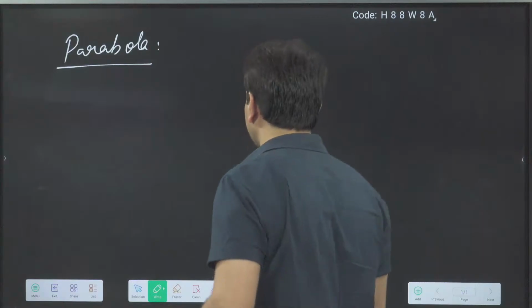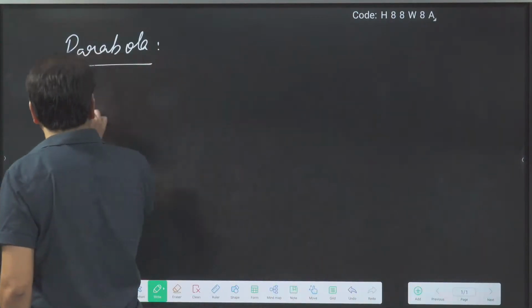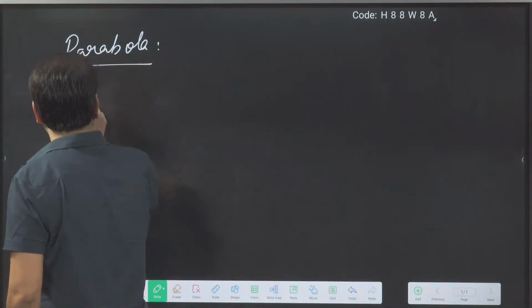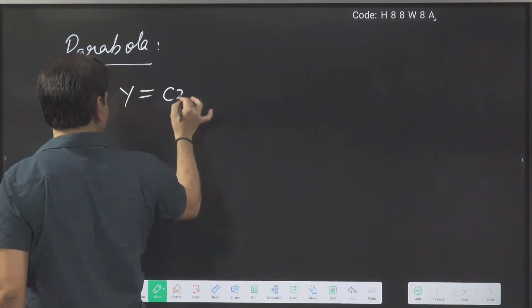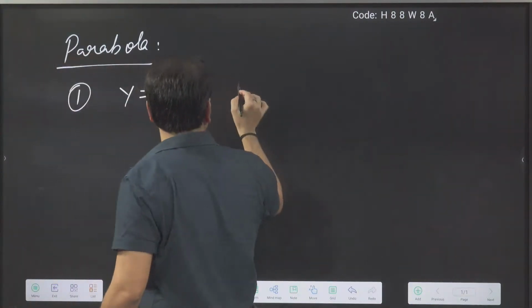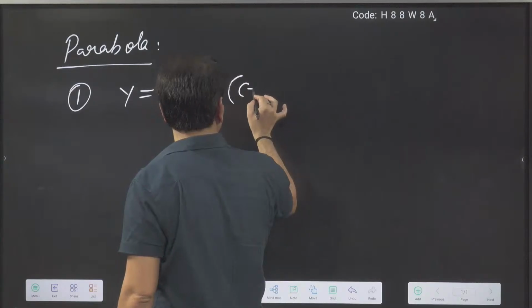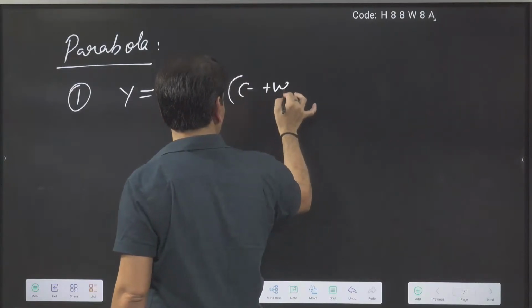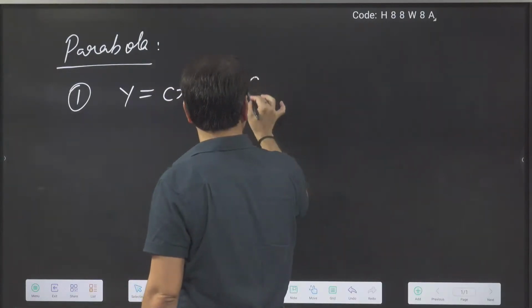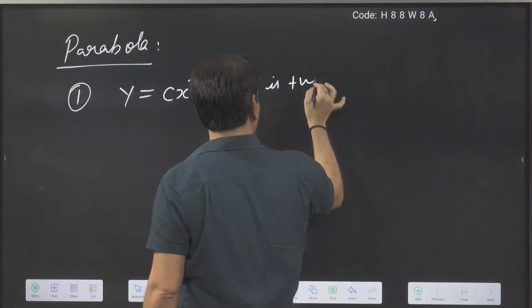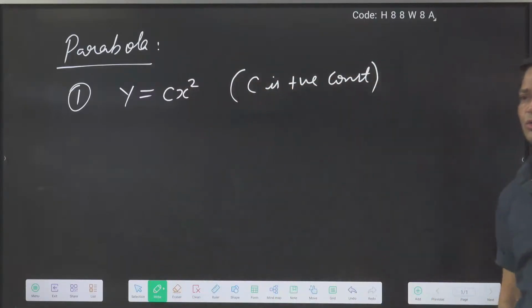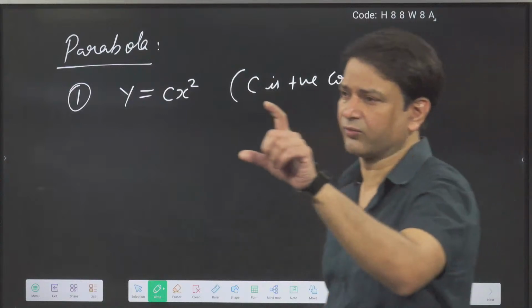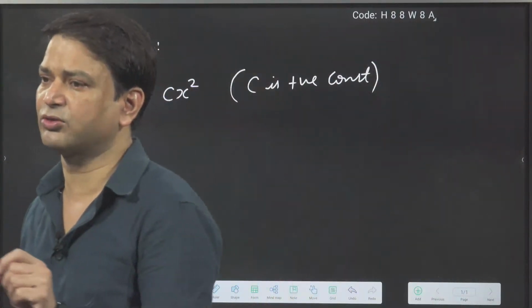Like that, one parabola I can write is y = cx², where suppose c is a positive constant. Now you can see here the power of y is 1 and the power of x is 2.